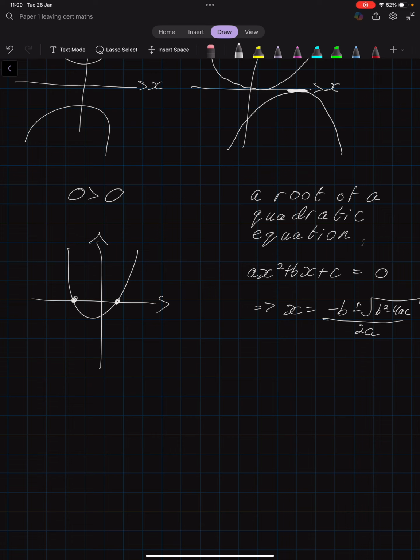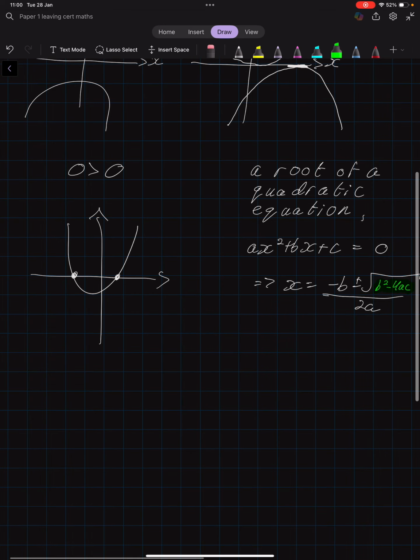That's why this thing is very important, because if it's greater than 0, you can take the square root. Let's say it's equal to 4; you take the square root of 4, get 2, and then do things like normal.